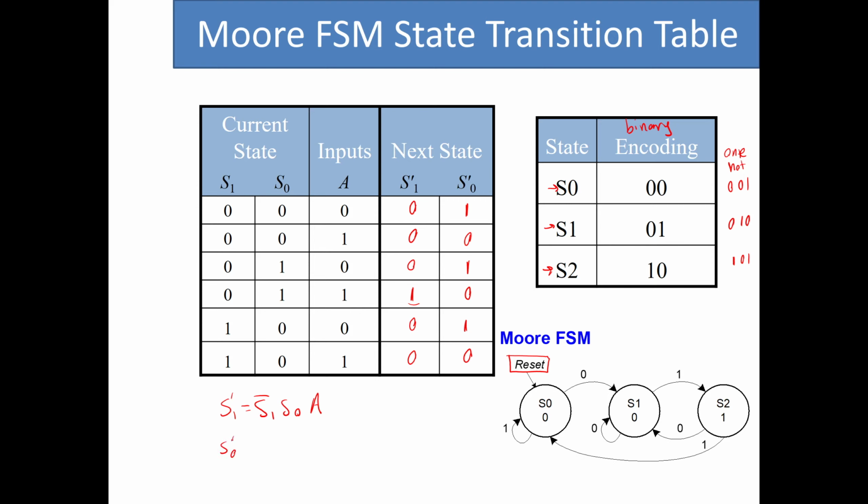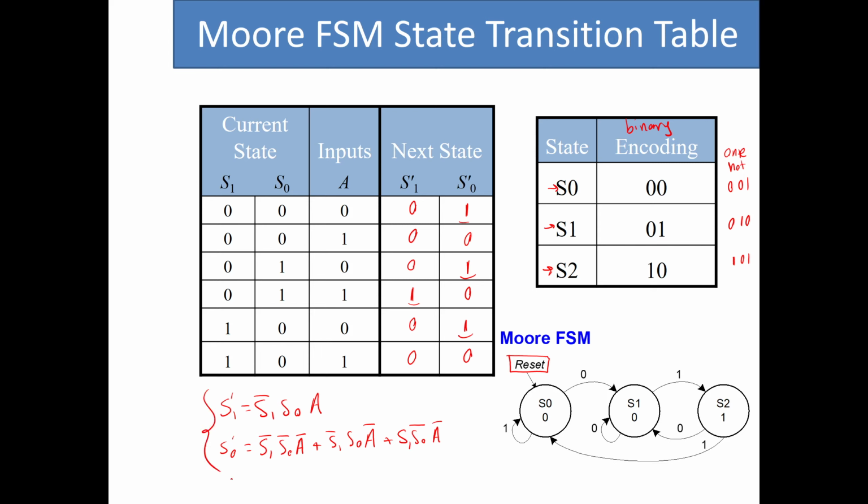And for S0 prime, we have 3 rows. The first one is S1 bar, S0 bar, and A bar, plus S1 bar, S0, A bar, plus the last one, it is going to be S1, S0 bar, and then A bar.